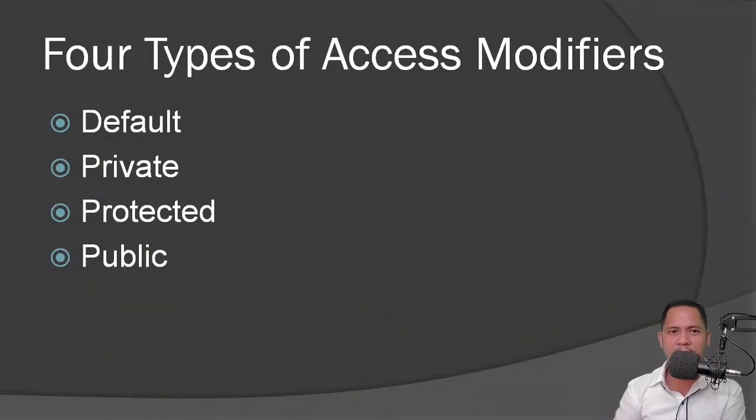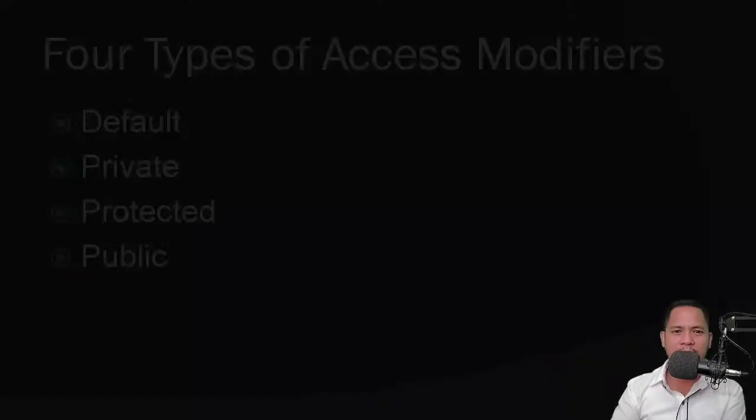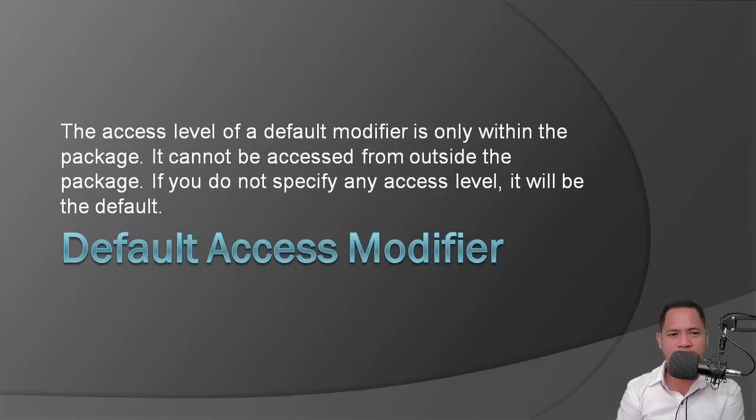And there are 4 types of access modifiers. If you do not put any access modifier, then it's the default access modifier. Another one would be private, then protected, and public. Let's take a look at this in detail.